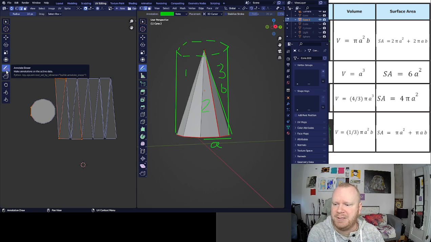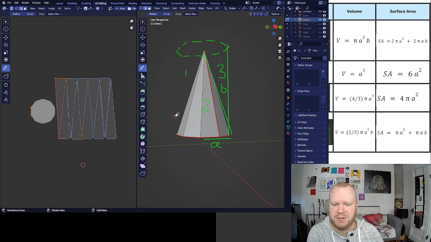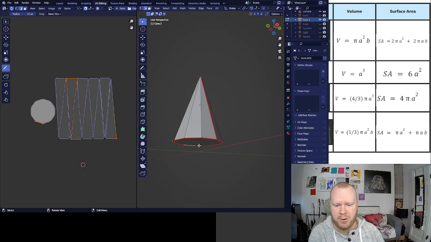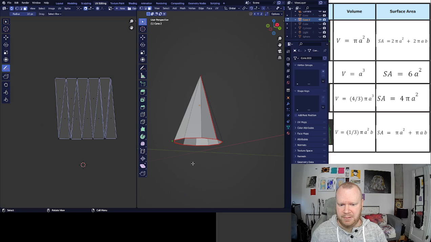Another thing I might ask, just to test to see if you know what each of these pieces refer to, is instead of asking for just the total surface area of something, I might ask for, for example, in this cone, not the whole cone, but just the pieces on the side here.